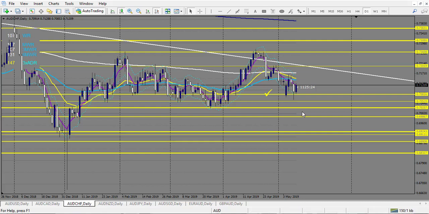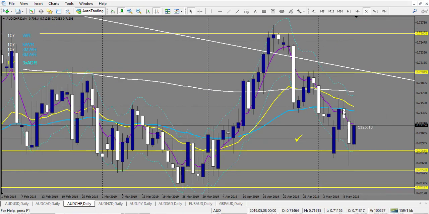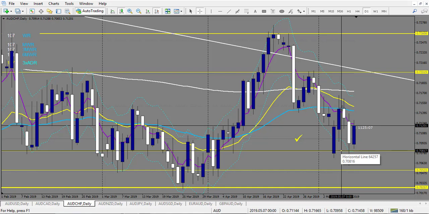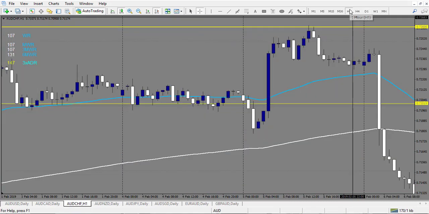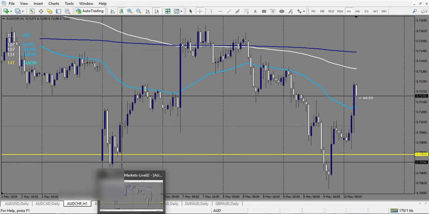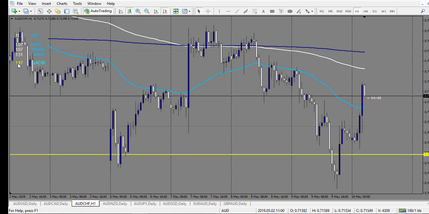AUD CHF, we have 1 trade, this specific one. Let me zoom in. On Monday, this was the candle of Monday, there was a very big gap, and during this gap it reached my lines. I will go on the 1-hour chart to verify every value, which will be easier to check. So this is Monday. The price reached a maximum of 12 pips and our stop loss would have been 14 pips, as you can see right here.